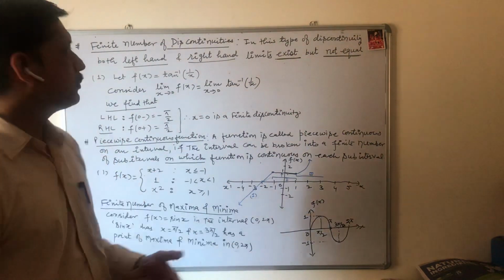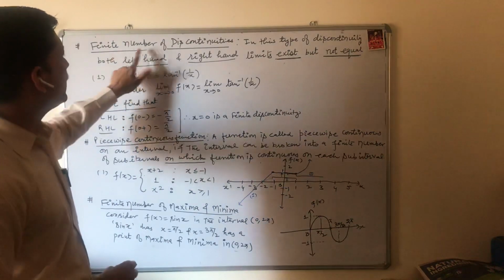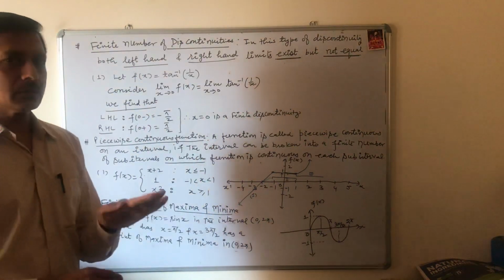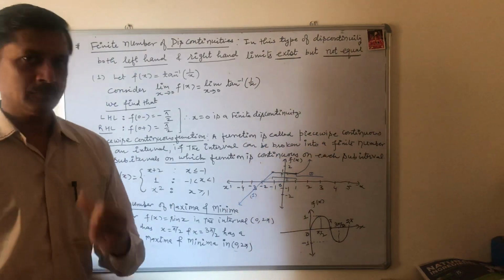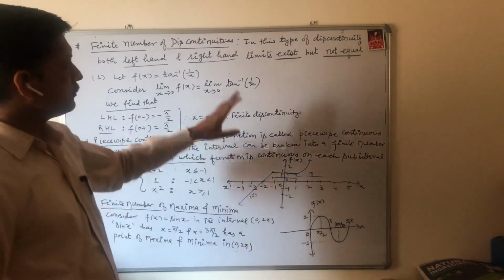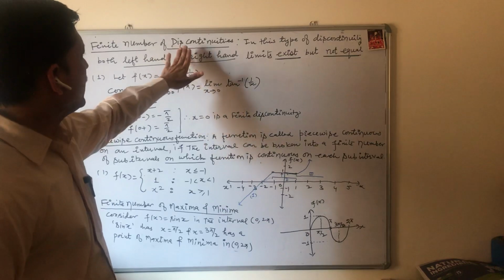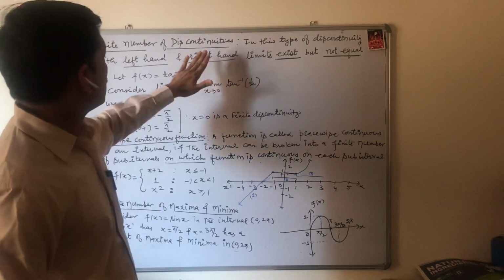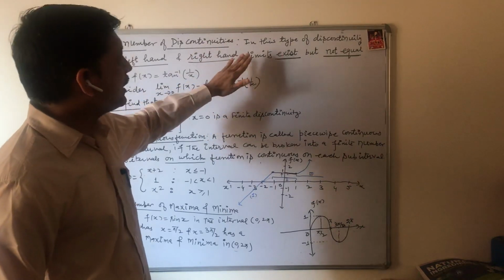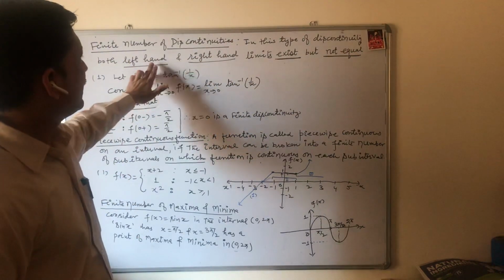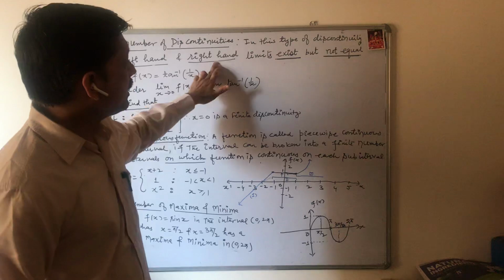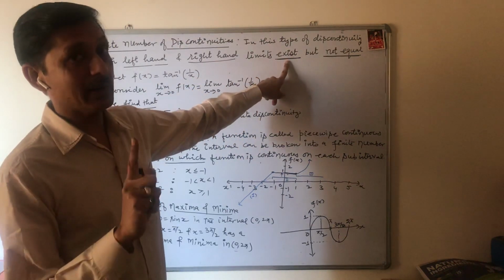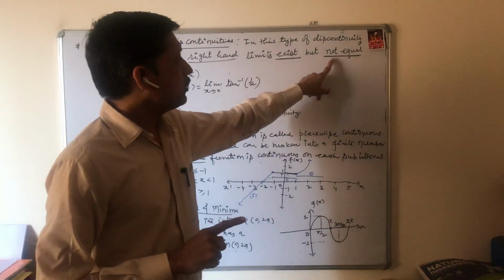In this category, an important type of discontinuity is finite number of discontinuities. Now we are taking this concept. What do we mean by finite discontinuity? If in a function at a point the left hand and right hand limits exist, please keep in mind, exist, but are not equal.